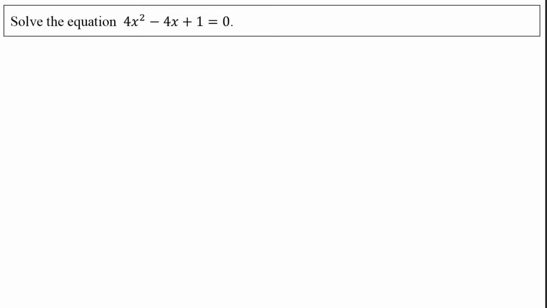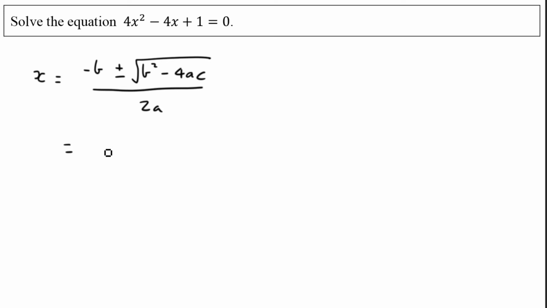Let's again use the quadratic formula to solve this equation. Quadratic formula, x is negative b plus or minus the square root of b squared subtract 4ac divided by 2a. In this case, b is negative 4.